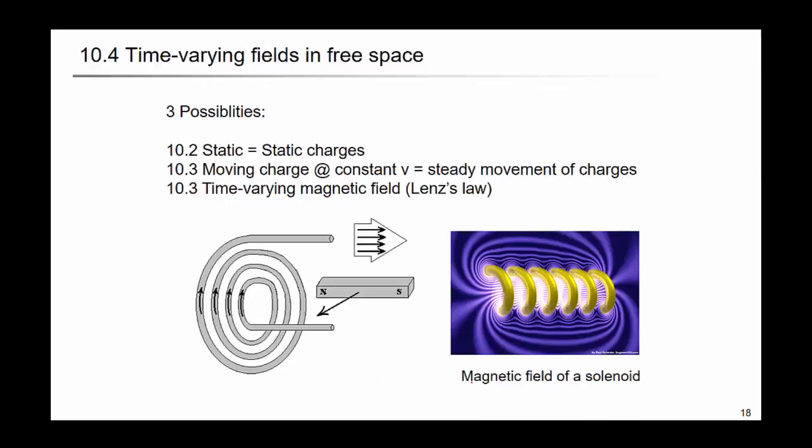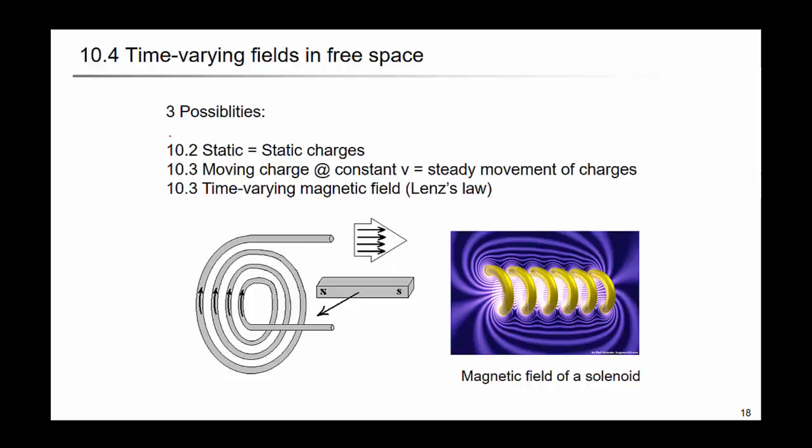And we can have three possibilities. You may have a static charge that doesn't move, a moving charge that's moving at constant velocity v, and the last case is a moving magnetic field.